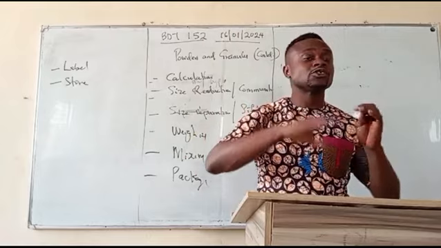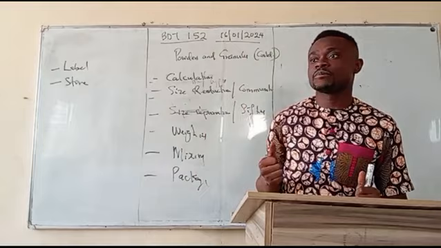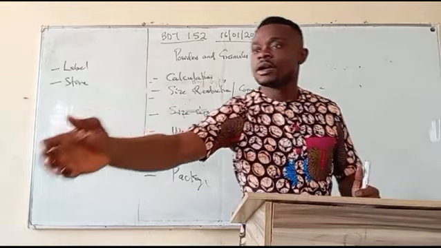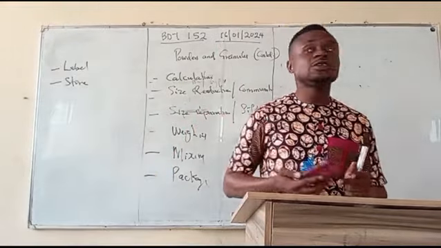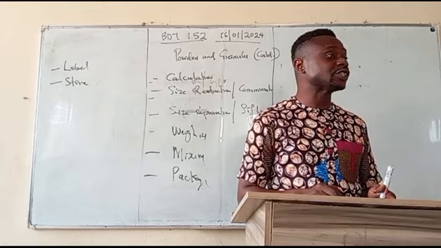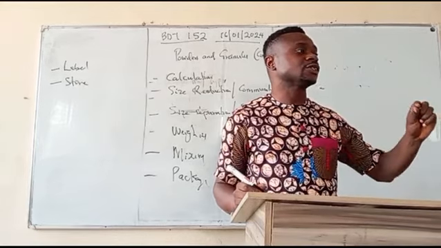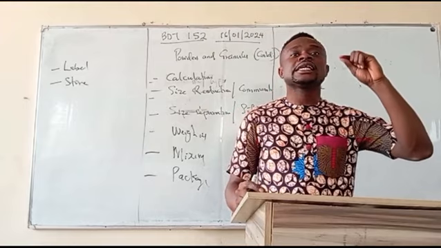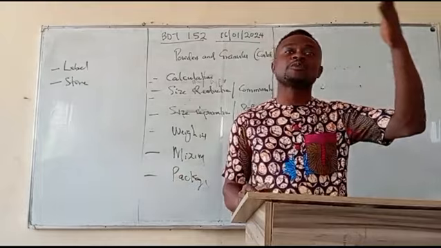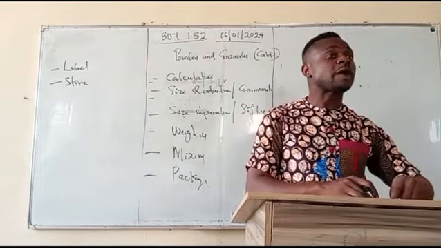After you know how to do your calculation properly, we are going to do all these things here. Another thing you also put into consideration is the preparation of powder.